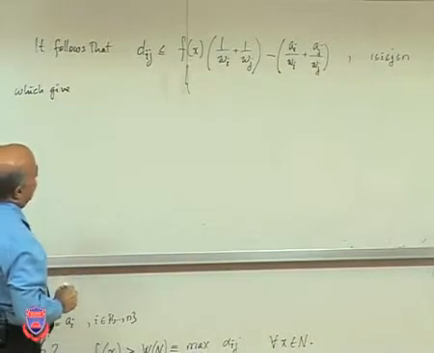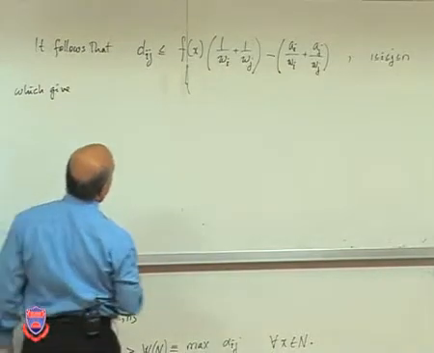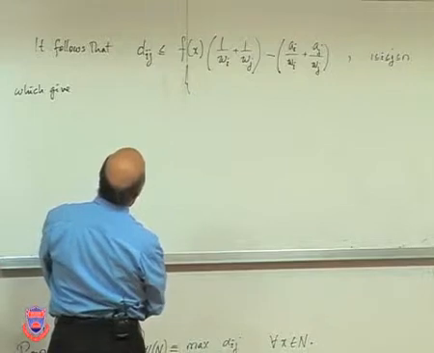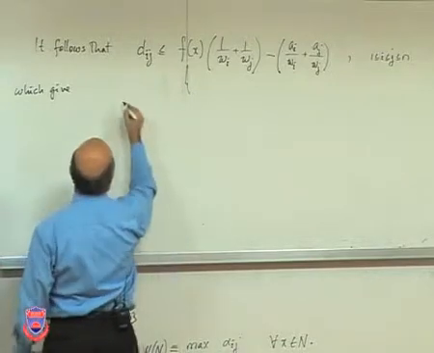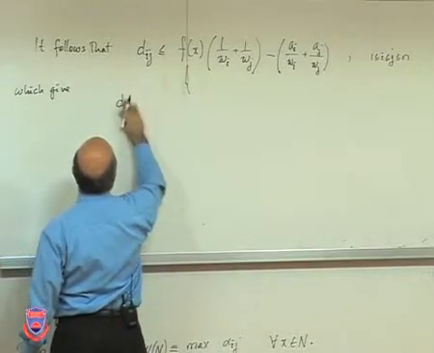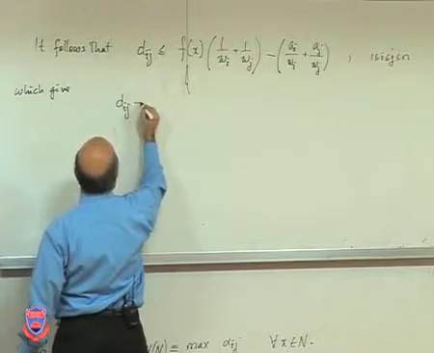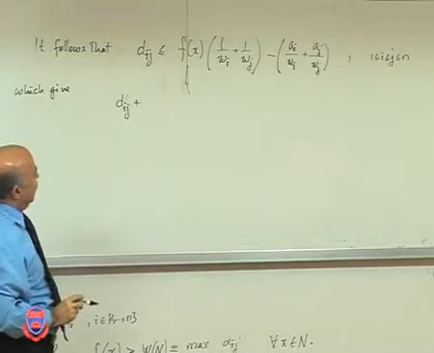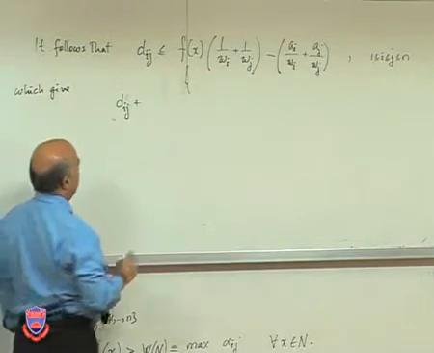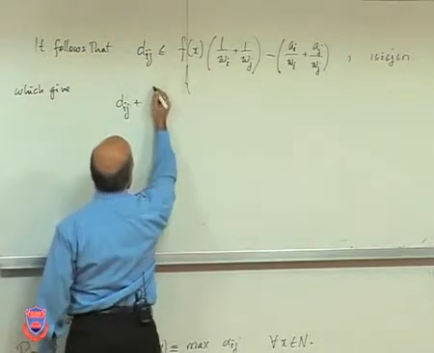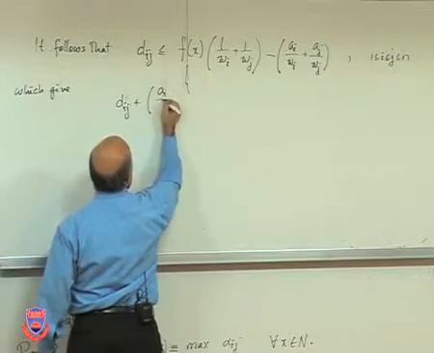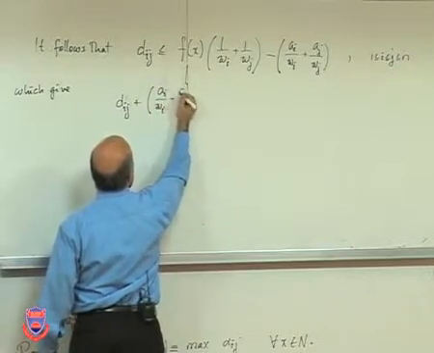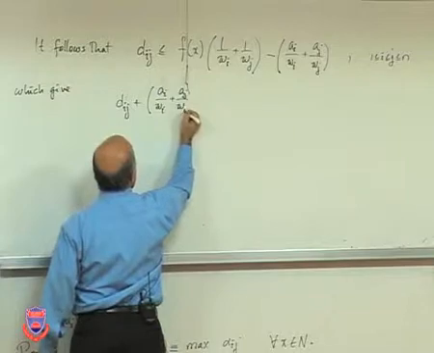And these inequalities give the following. What do they give? They give dij plus the quantity in the parentheses with a negative sign in front. You just add that here, ai over wi plus aj over wj.